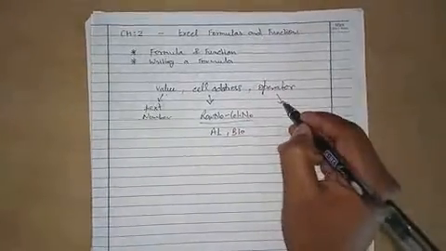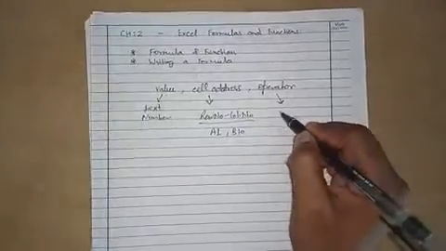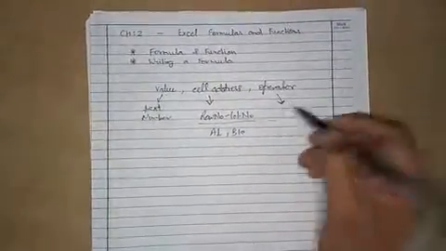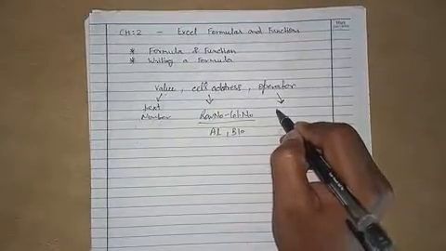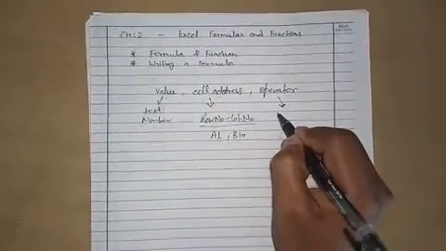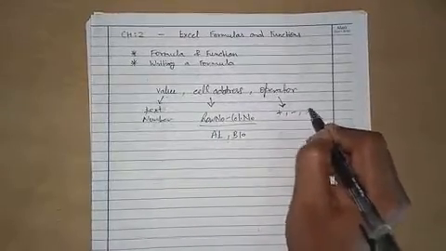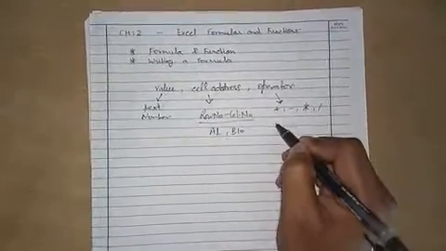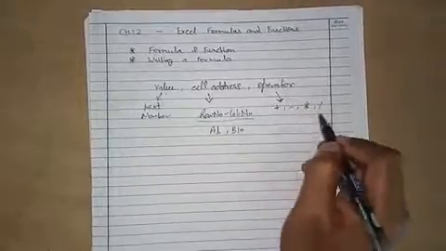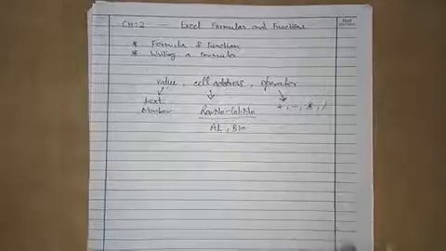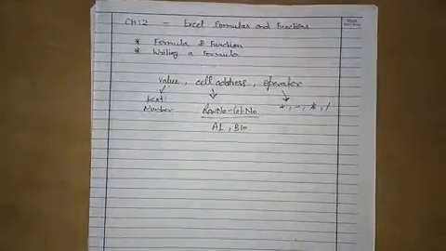This is the very important point of the formula. What is this operator? Operator may be of any kind, but I'm writing here some operators like plus. You can use plus, minus, into, divide. All these symbols are known as operators, and in Excel there are many types of operators.